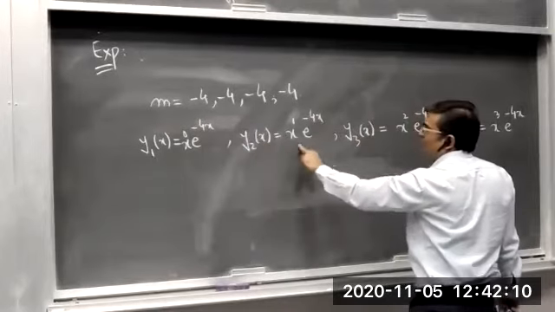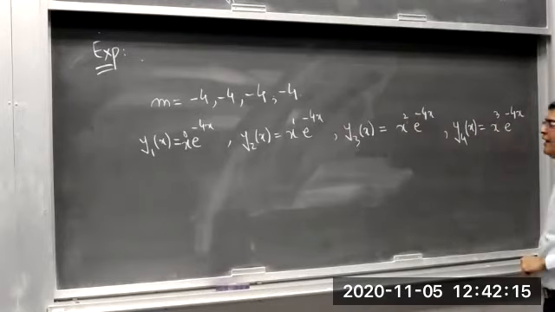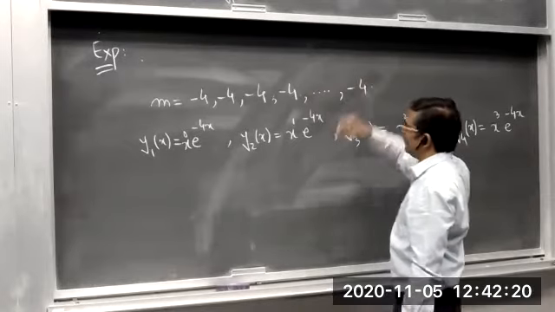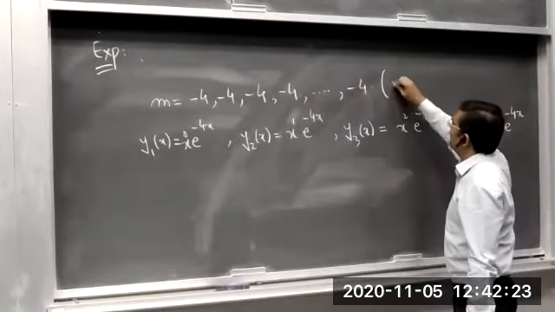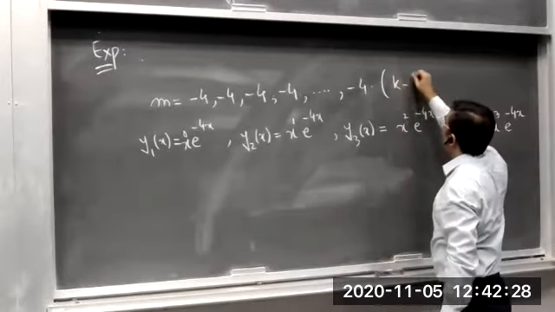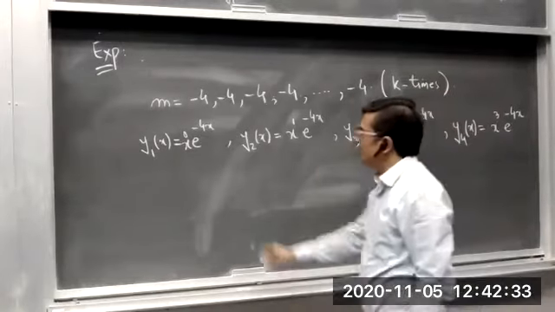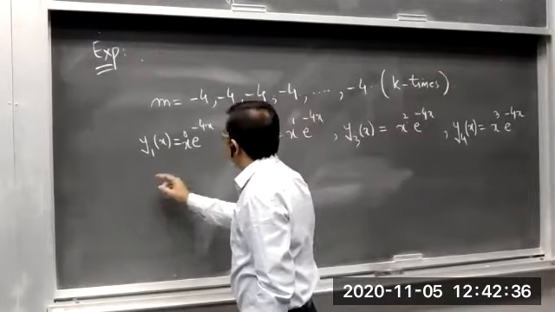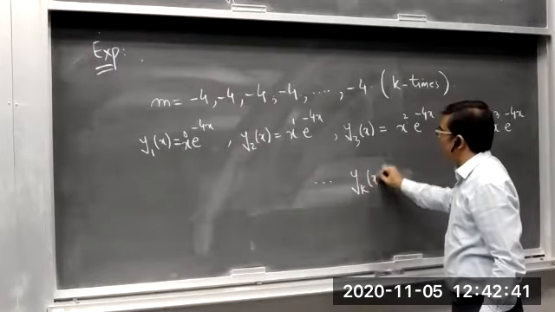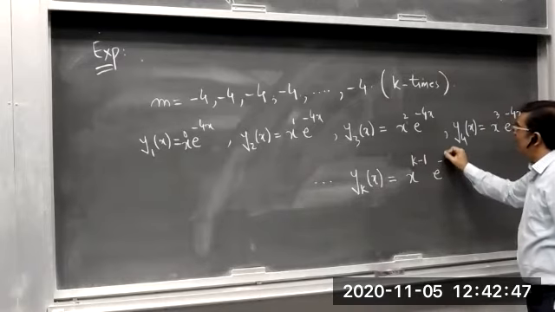Now this one will be x power 1, this one x power 2, x power 3 and so on. In general, if we have this root repeated n times, or k times, maybe n is already the order, so let me take k, k times. If the root is repeated k times, then this will go on, and the kth solution will be what? x power k minus 1 times e raised power minus 4x.